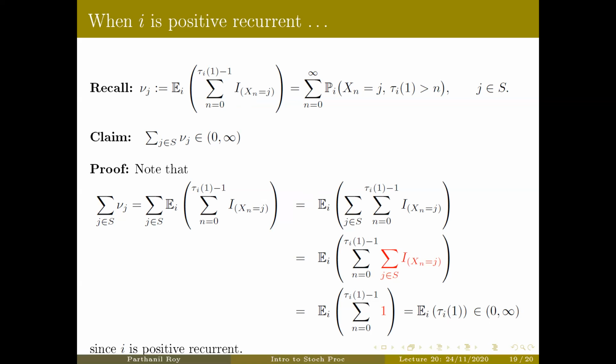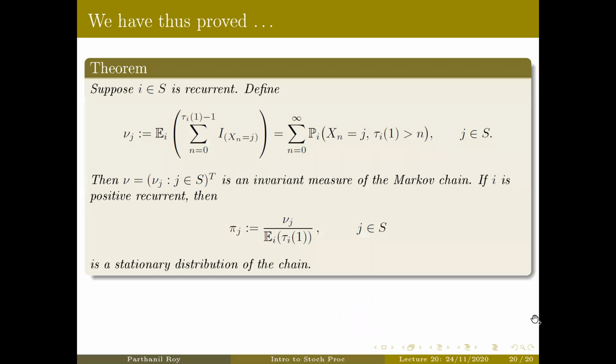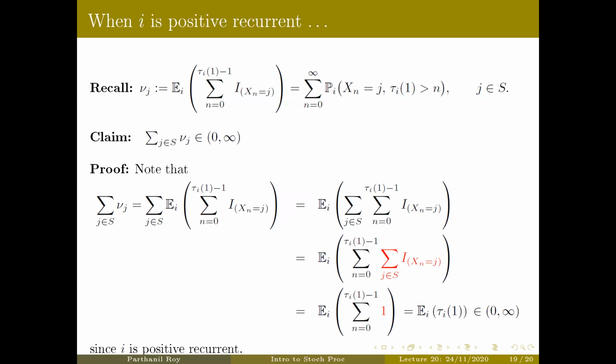So the expectation of tau_i1 is at least 1, in fact, and therefore strictly positive. So this proves that the sum of the nu j's is finite. Not only that, the sum of the nu j's is actually the expected first return time to i.